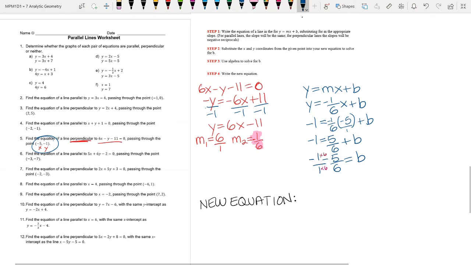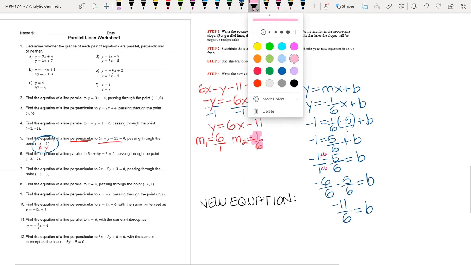I then can rewrite it as negative 6 over 6 minus 5 over 6 is equal to b. And when I'm subtracting fractions with the same denominator, I can just subtract the numerators. So negative 6 minus 5 gives me negative 11 over 6 is equal to b.